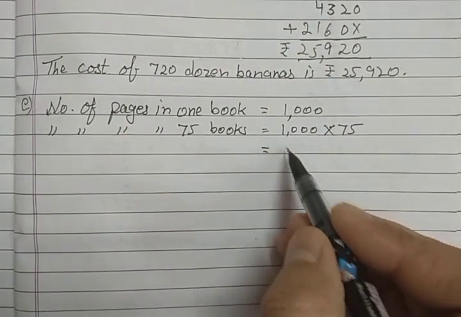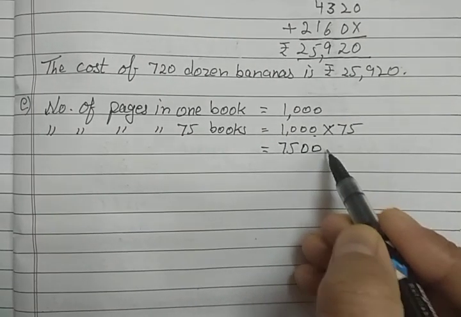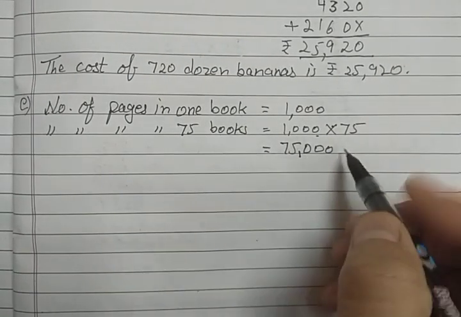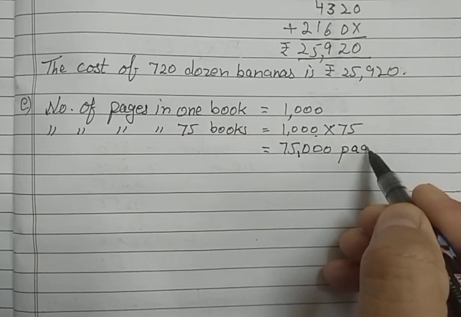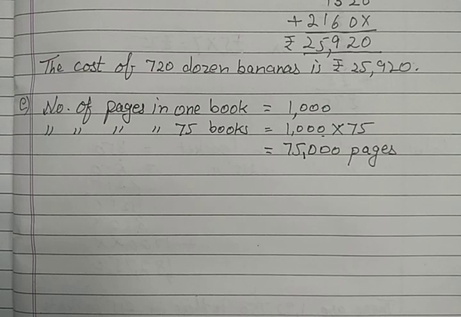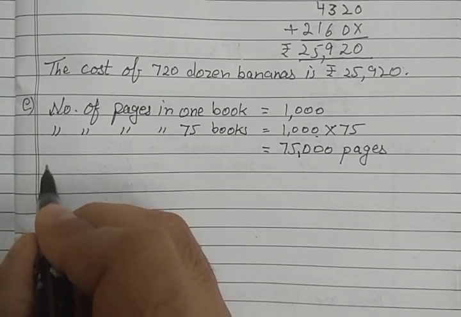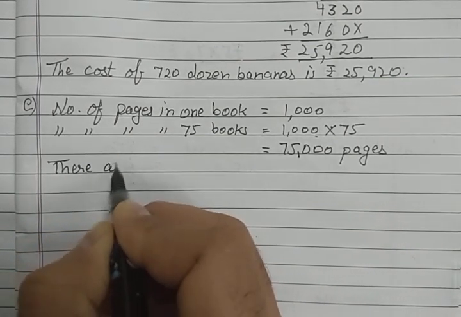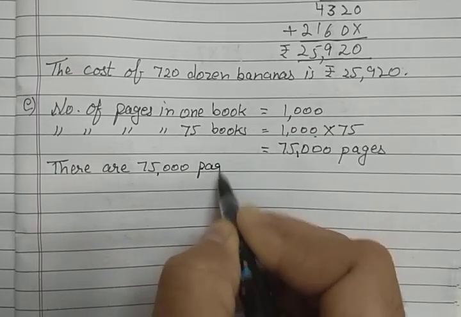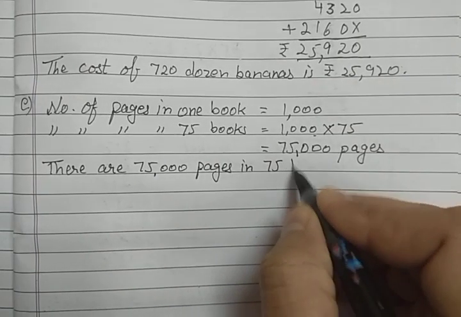The 75 ones are 75, and then we have to write 3 zeros on the right side. So here 75,000 pages are there in 75 books. So we'll write the answer. There are 75,000 pages in 75 books.